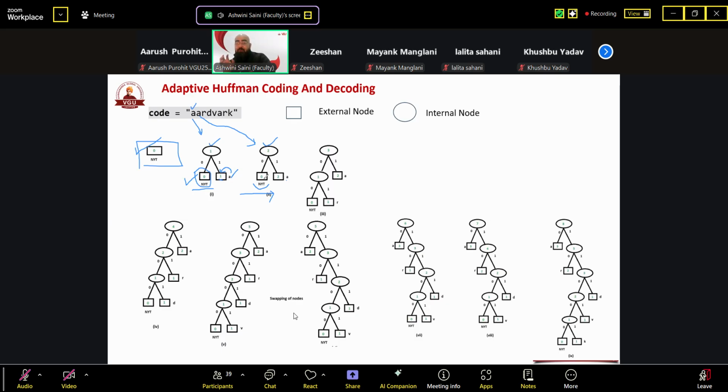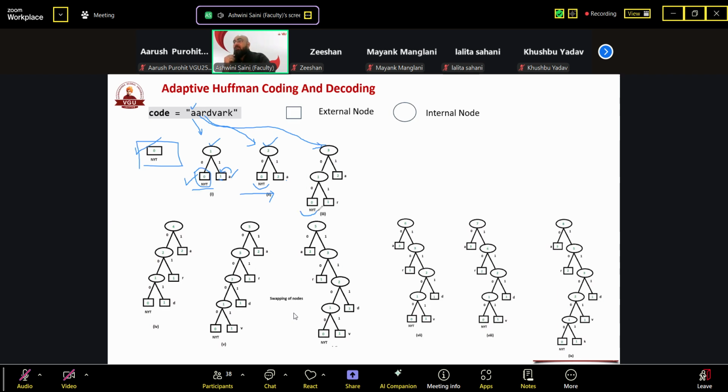If anyone has any doubt, without my asking, you can raise your question, then I can stop and answer it. So in the third step, we have R. Is R introduced for the first time, or is it repeating? It is introduced for the first time. If a character is introduced for the first time, we are going to use NYT.